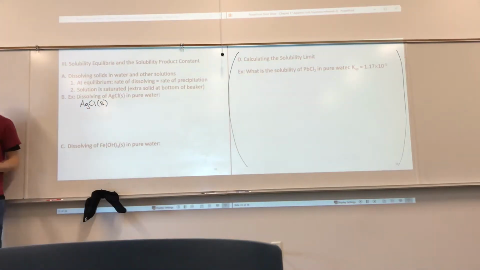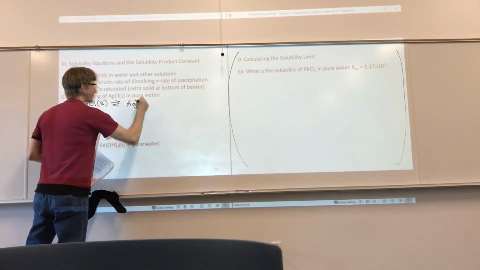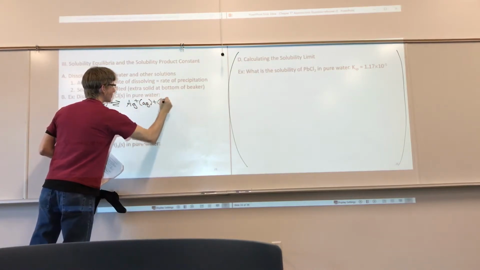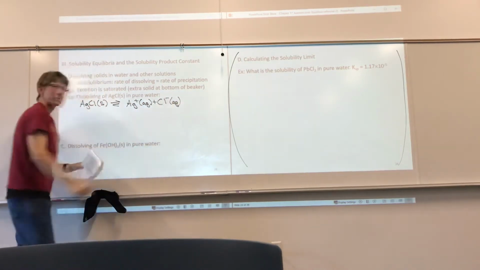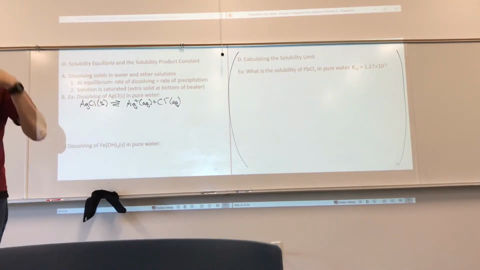Take whatever it is that's a solid and make it aqueous, since this is an ionic compound. The products are ions. And last semester, if you remember way back to the beginning when we talked about strong electrolytes, weak electrolytes, and non-electrolytes, my definition of a strong electrolyte or weak or non-electrolyte, you had to dissolve.